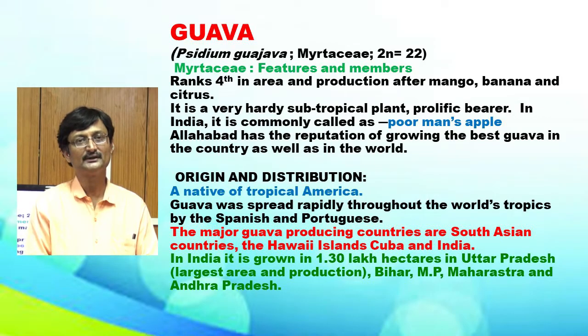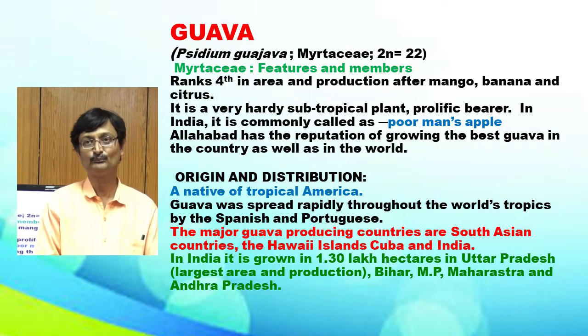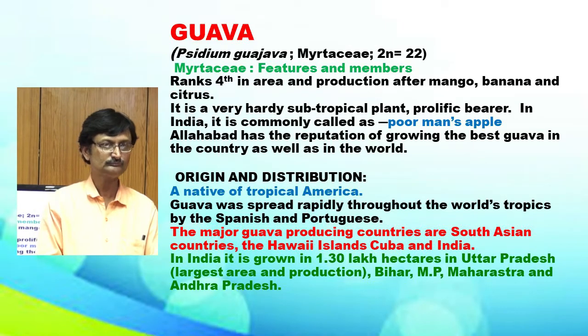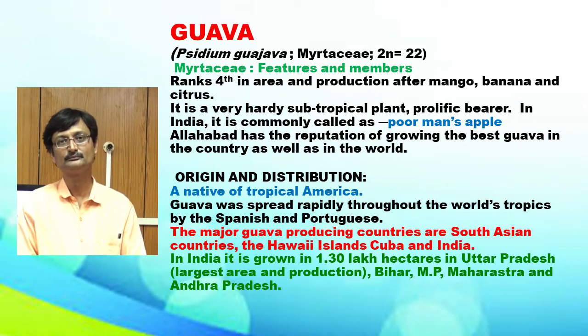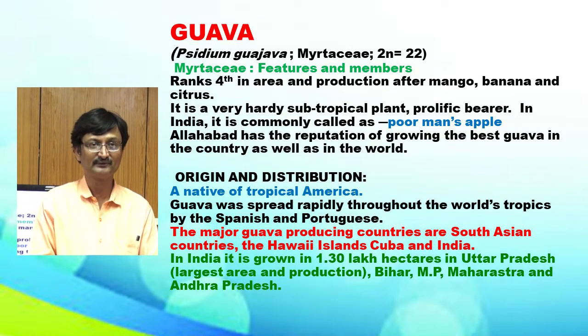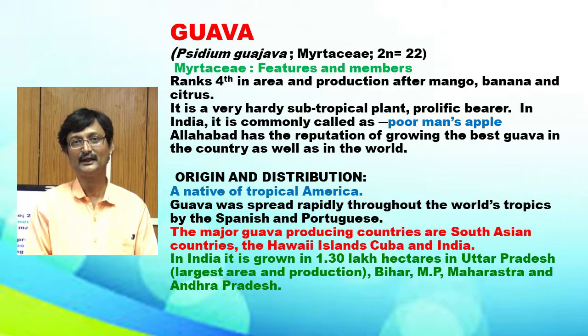Myrtaceae is a very important botanical family, and its important members are guava, jamun, Syzygium cumini, gulab jamun, that is rose apple, Syzygium jambos, then bottle brush, Callistemon, Eucalyptus, even clove, Syzygium aromaticum.